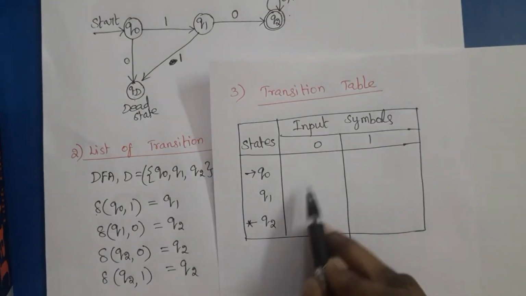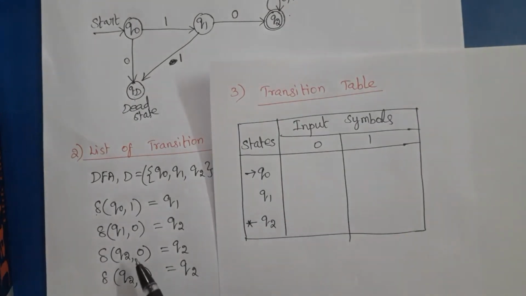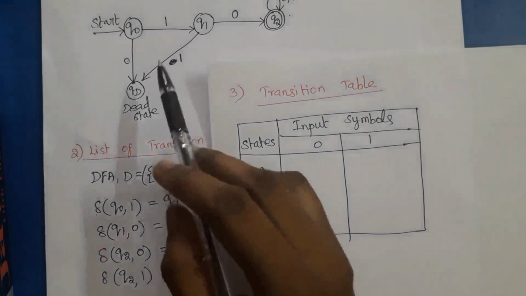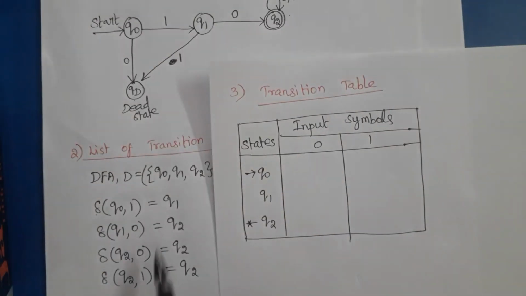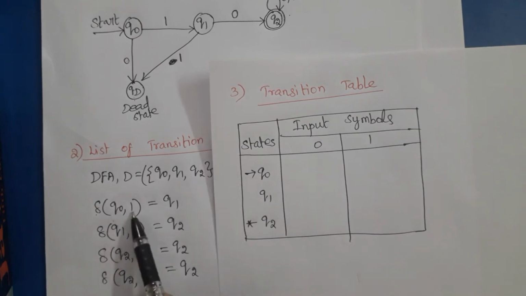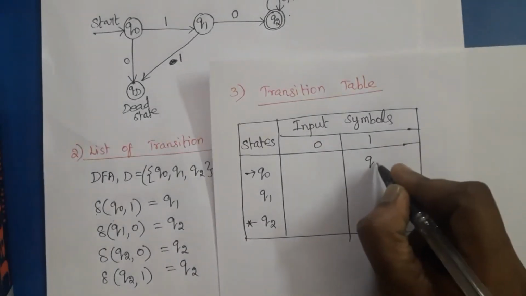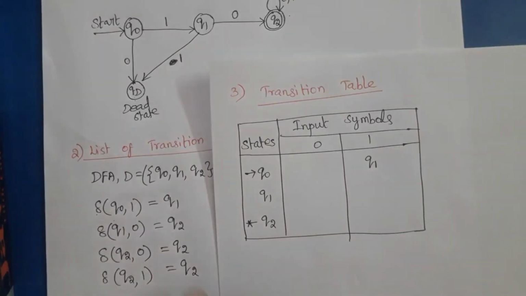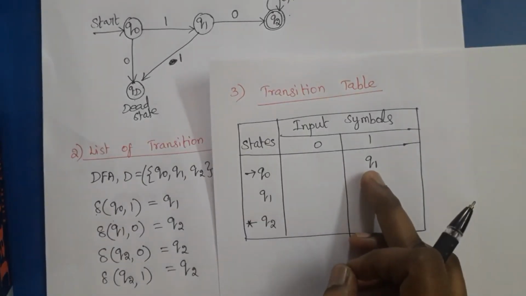Then we need to fill in all the transitions here. We can refer to the transition diagram or the list of transition functions. For the row Q0 and the column 1, the next state is Q1, which should be listed here.